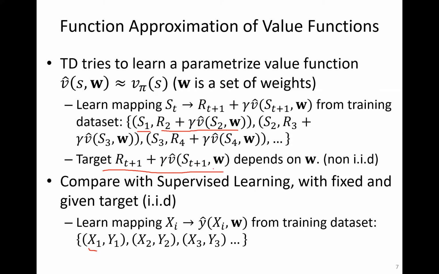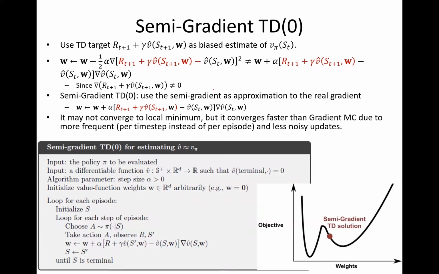So for TD, you are using the TD target as a biased estimate of v pi, as opposed to the G for Monte Carlo, which is unbiased.